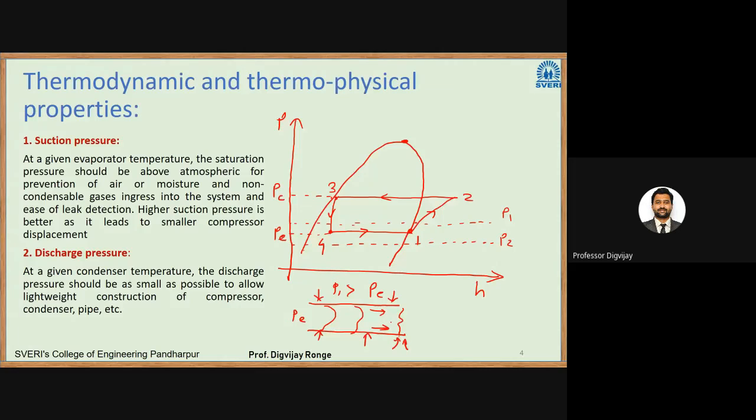If I take the other case, the outside pressure, P2, is less than the evaporator pressure. Here the pressure is higher inside the tube and lower outside. So if there is a leakage, the refrigerant inside will flow out. So there will be a leakage of refrigerant. So higher suction pressure is needed, and the evaporator pressure should be higher than this.